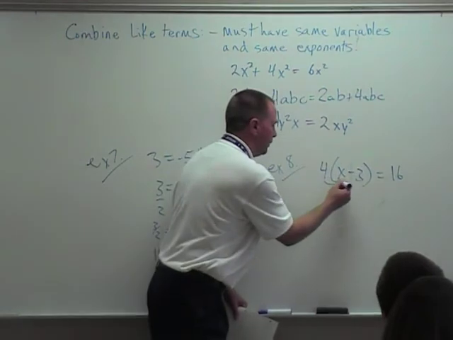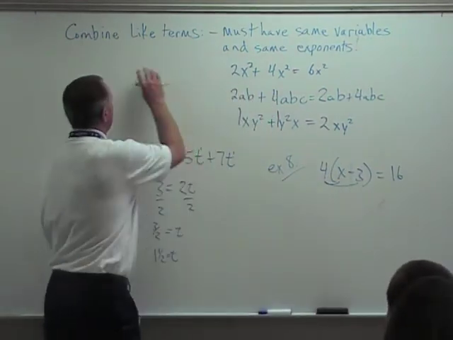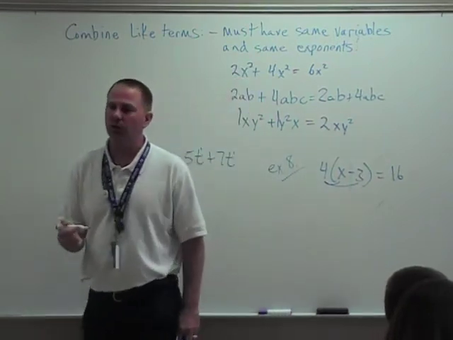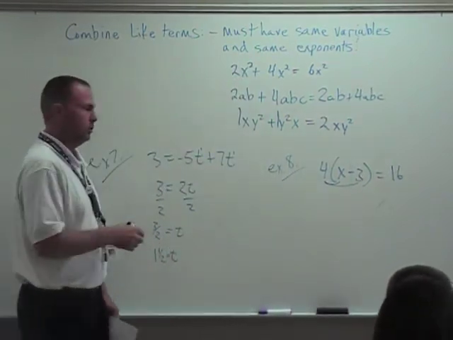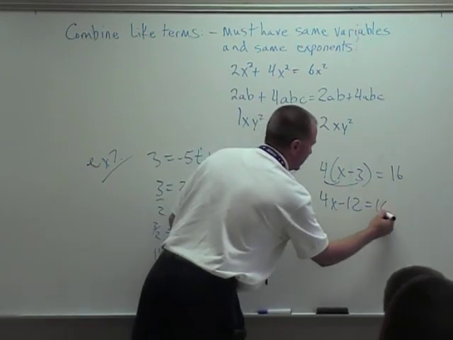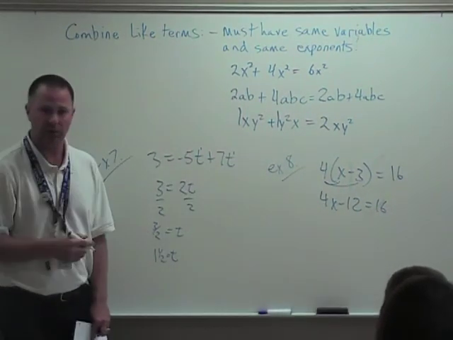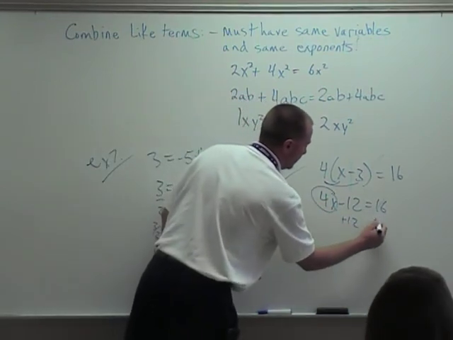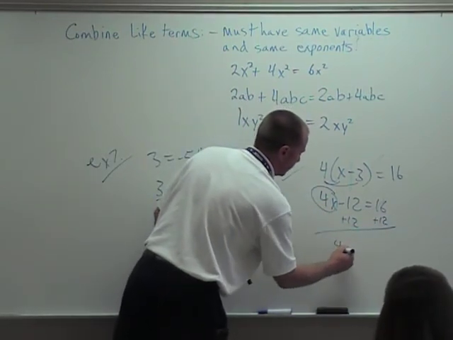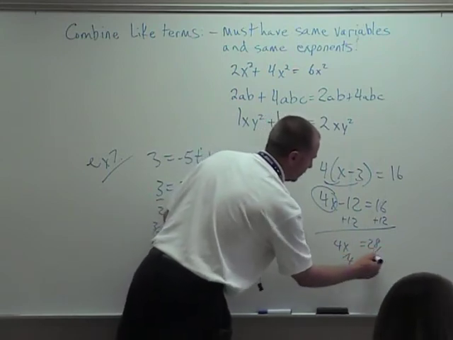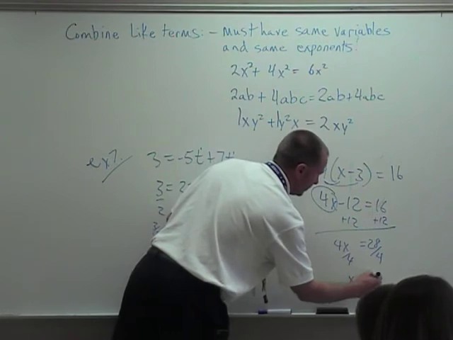You can distribute first, and that's kind of like what we're talking about here, this extra step simplifying before you get started. You can distribute and get 4x minus 12 equals 16, and now it's a 2-step equation. This is what we're solving for. We add 12. We get 4x equals 28. Divide off the 4. X equals 7. Right?